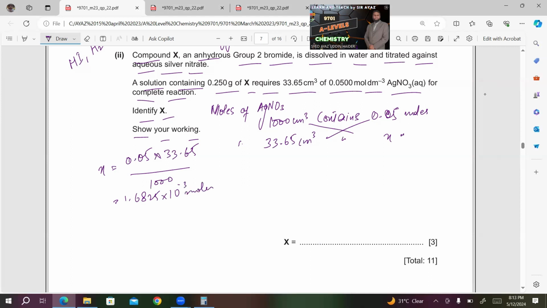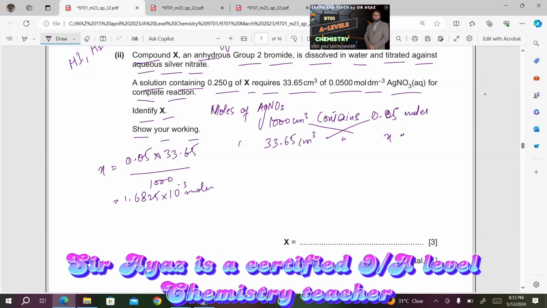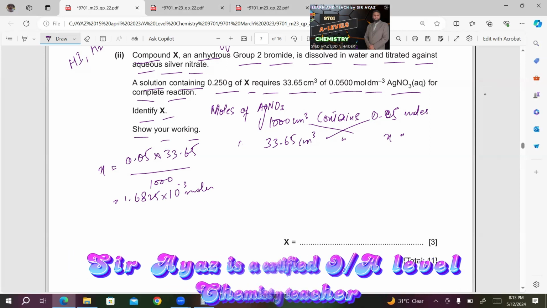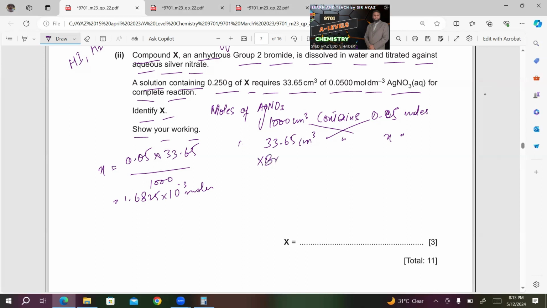Now they are saying group 2 bromide. So group 2 bromide must be reacting with 2 moles of AgNO3. So if I write, group 2 bromide must be XBr2, XBr2 reacting with AgNO3.